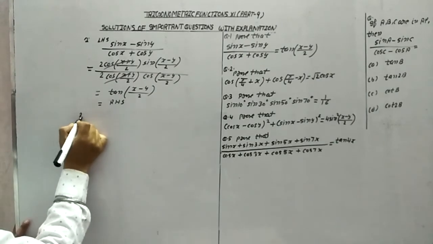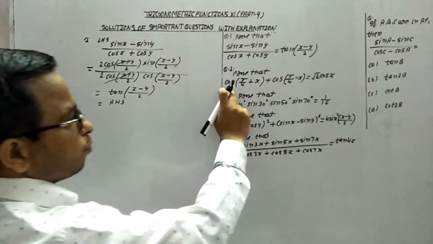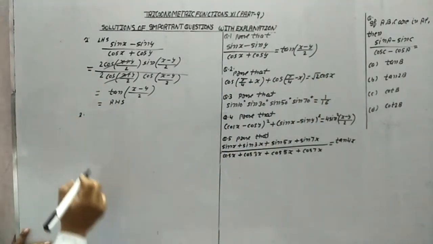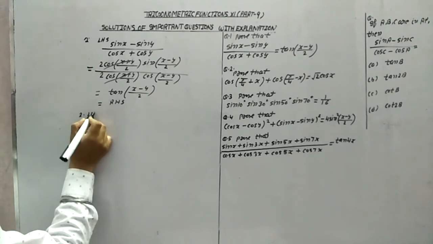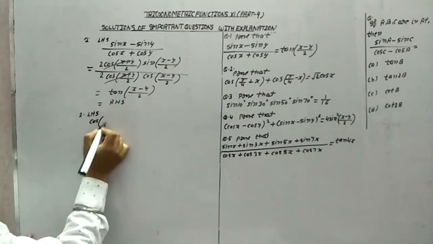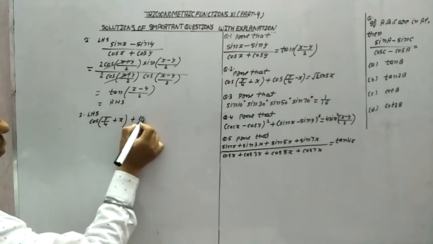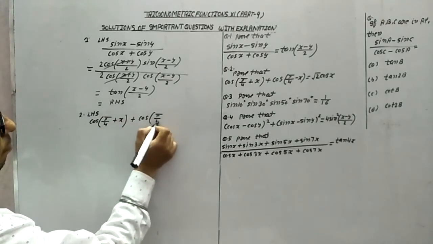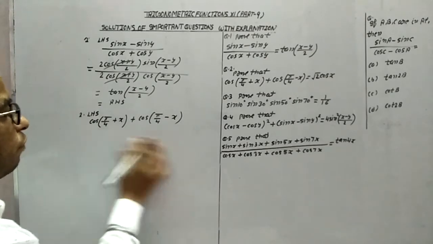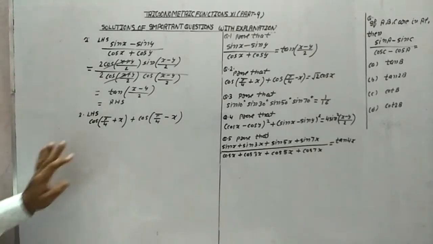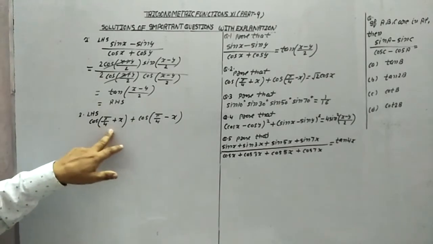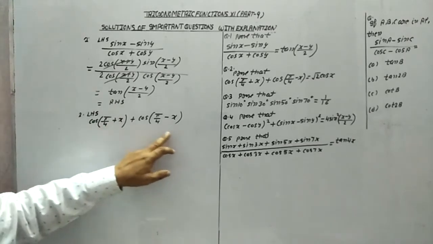Now question number 2, we have to prove this is equal to root 2 cos x. First of all, we take the left hand side, cos (pi by 4 plus x) plus cos (pi by 4 minus x). This question we can do in two ways. First way is we can open the identities, cos (a plus b) and cos (a minus b).